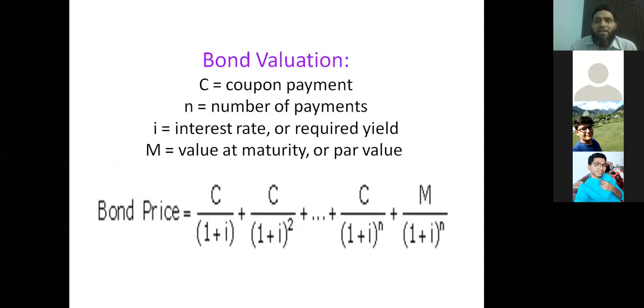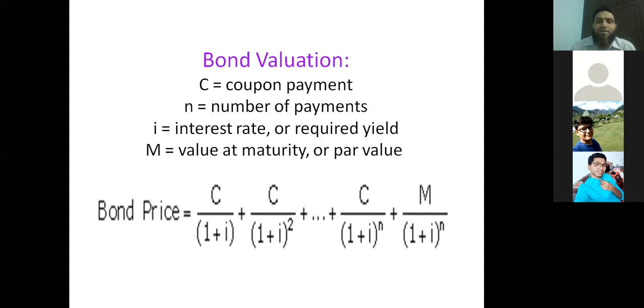Suppose you have invested in a bond or debenture or any other security where an assured or fixed return you are getting. So whatever you will get at the end of the first year, that is called the coupon amount or interest amount. That amount will be discounted by 1 plus i, the rate of interest which you can easily earn without taking risk. Currently it is 7%, which is offered by the bank.